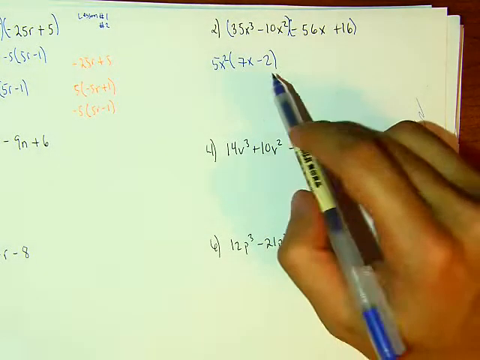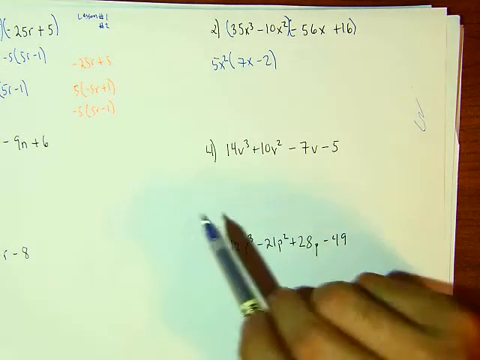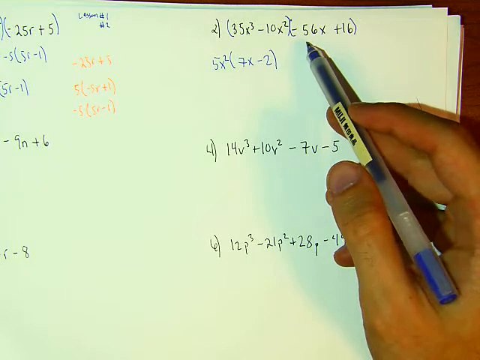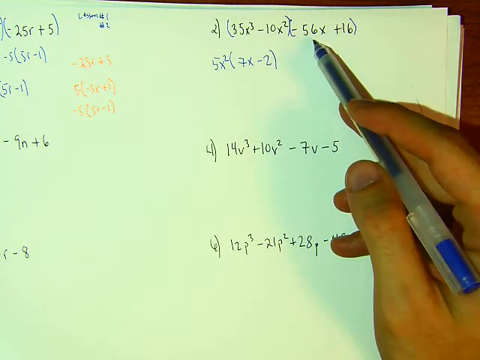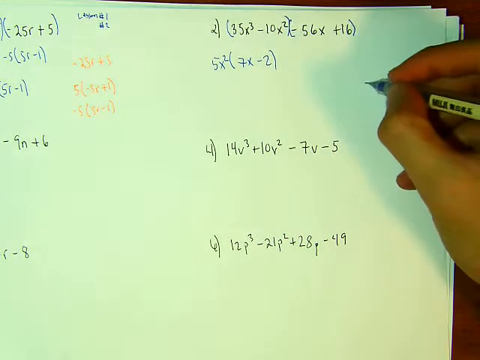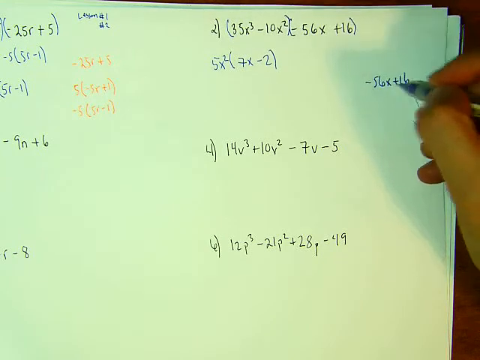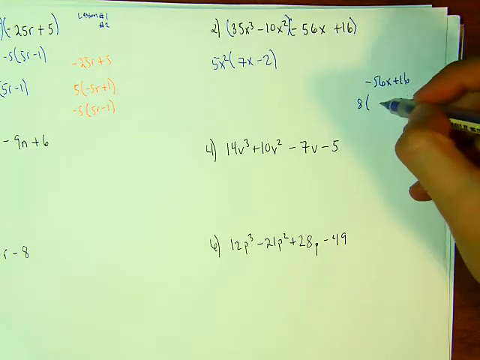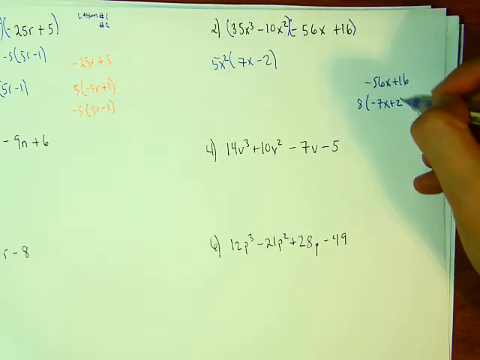Okay. Now if we have a 7x minus 2 over here, we've got to get a 7x minus 2 over here. So now, what's the GCF of negative 56 and 16? It's 8. But if you take out 8, what are you going to get? Let's say, again, just to see it, negative 56x plus 16. If you take out 8, you get negative 7x plus 2.